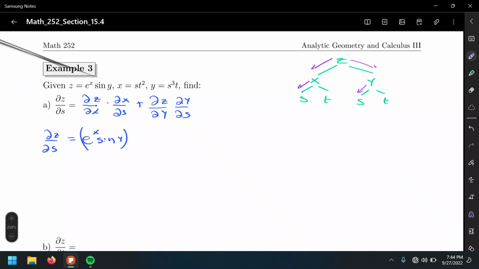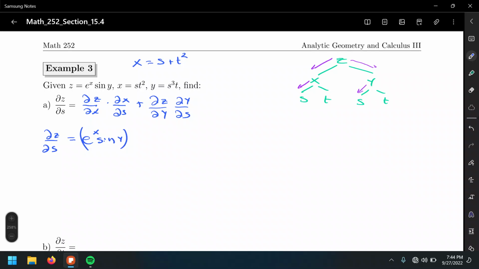Notice x depends on s and t, so this second factor should make sense. What's the derivative of s t squared with respect to s? T squared, because the derivative of s is 1 and the t squared is a multiple constant. So that's just t squared. What if we had x equals s plus t squared instead? What would be the derivative of s plus t squared with respect to s?